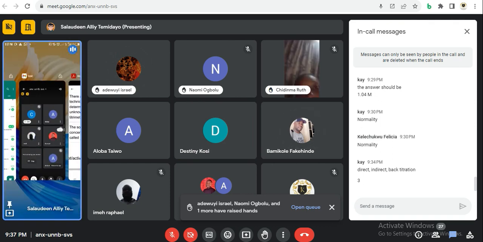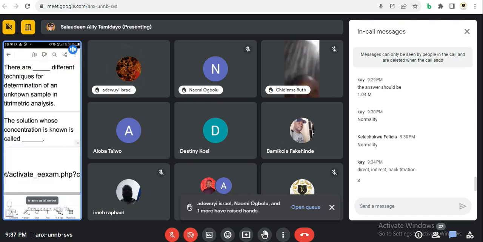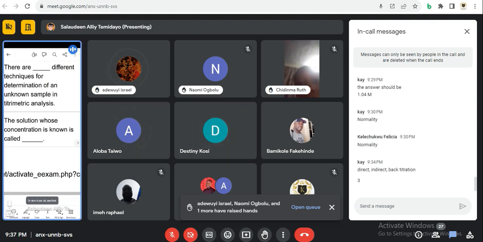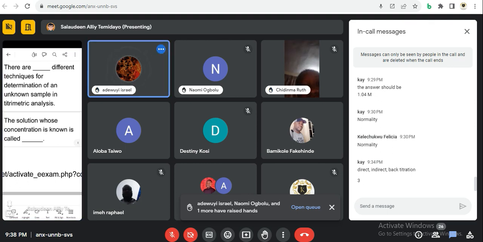You can call a solution with a known concentration a titrant, right? Yeah, standard solution. So now, a solution with an unknown concentration, you can call that one the analyte, A-N-A-L-Y-T-E.